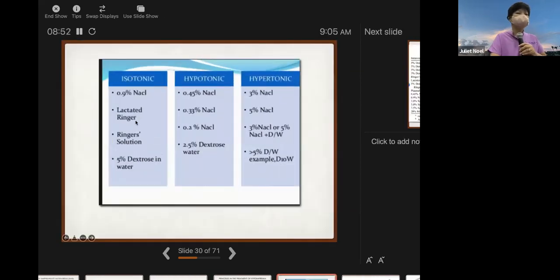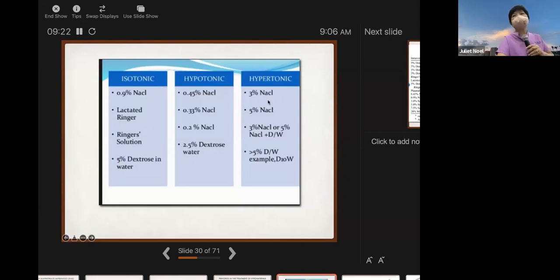So what are the isotonic solutions? The NSS, the normal saline, the lactated Ringer's, the Ringer solution, and even the D5-containing ones, in terms of osmolarity. Then hypotonic is of course the half saline, which is 77 mEq sodium. 0.3 sodium chloride is 51 mEq sodium, 0.2 and 2.5% dextrose.